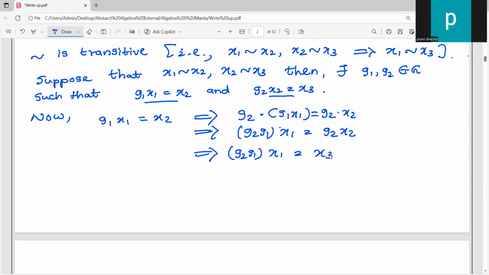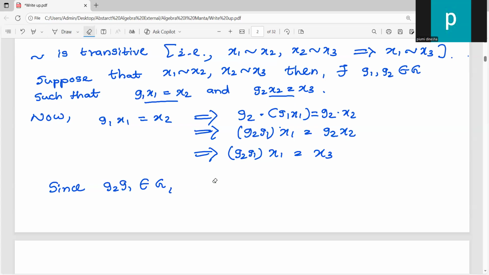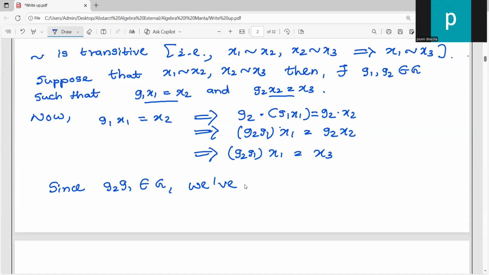Because G1, G2 are in G, their product is also in G. We have, by definition of tilde, x1 equivalent to x3.